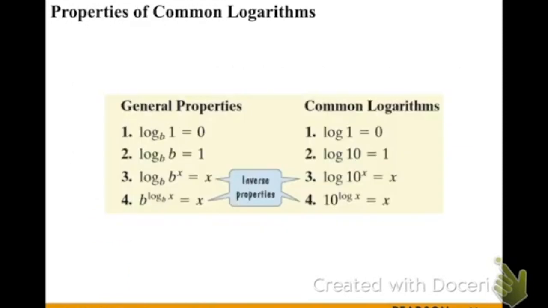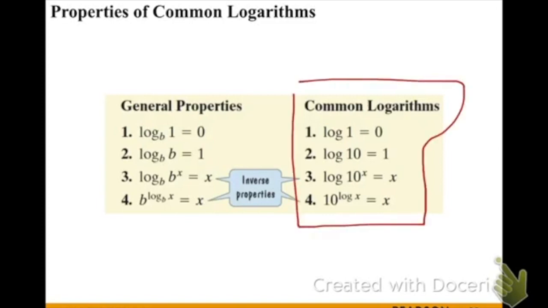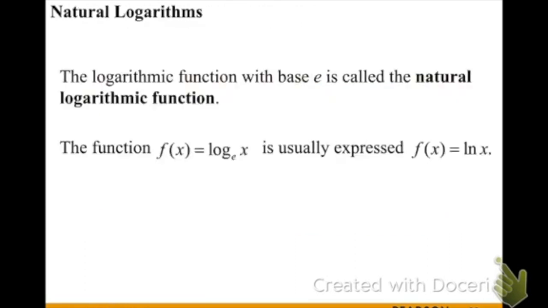Some properties of common logs. All the log properties that we talked about before also apply to common logs. Just remember that if it's not given a base, it's going to be base 10. Another common log that we talked about was the natural log. This is a logarithm with base e.